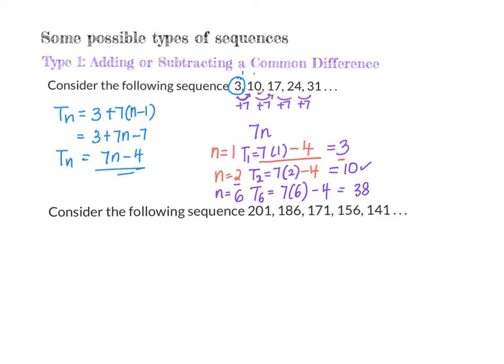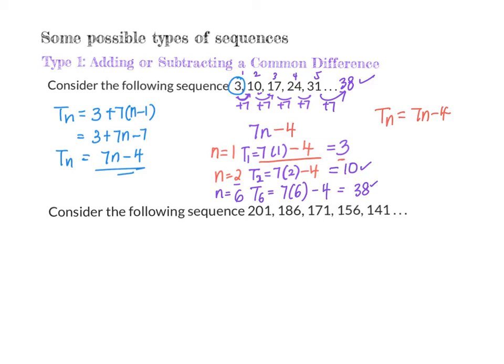Term 1, 2, 3, 4, 5. How do I get term 6? I'm going to add 7 and it gives me the number 38. So therefore, this formula here, 7n minus 4, is true. And the general term will now be 7n minus 4.